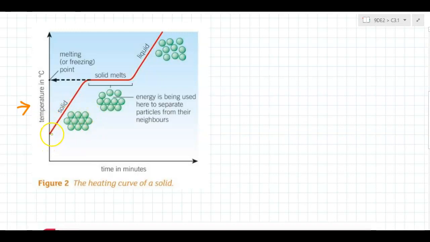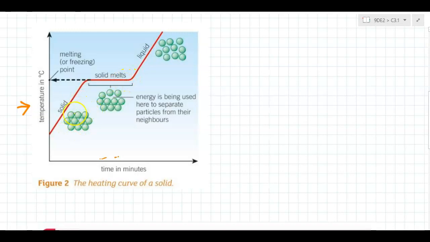I'm heating it up. Time is going on, and the solid is getting hotter, hotter, hotter. When it reaches the temperature which is its melting or freezing point, then rather than getting hotter, look, it stays at the same temperature.